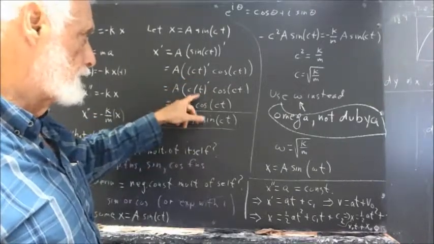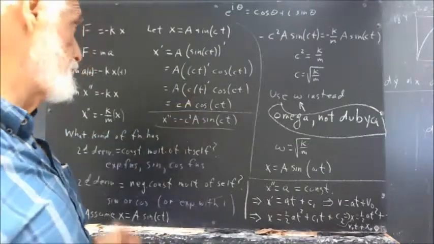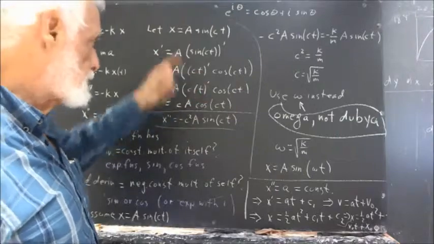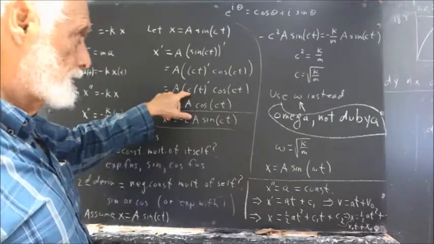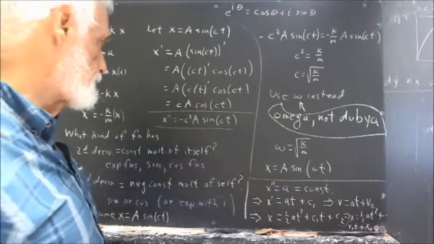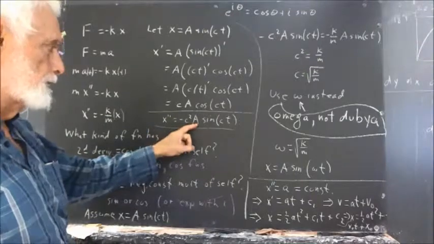We can factor out the c. It's c times the derivative of t. I probably didn't need to write that down, but I did. And t prime is just 1, so we get just c. And then we put the c out in front. We have ca times the cosine of ct, so that now x double prime is negative c squared a sine of ct.